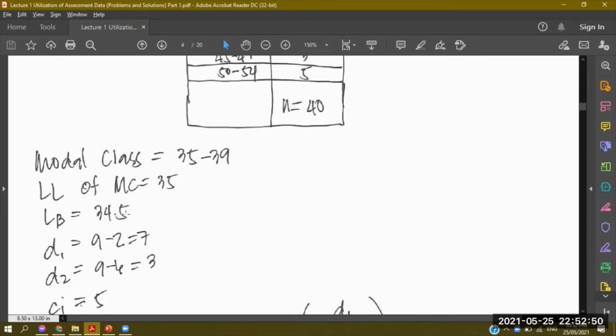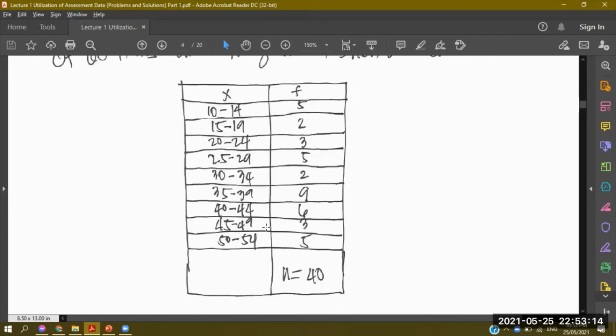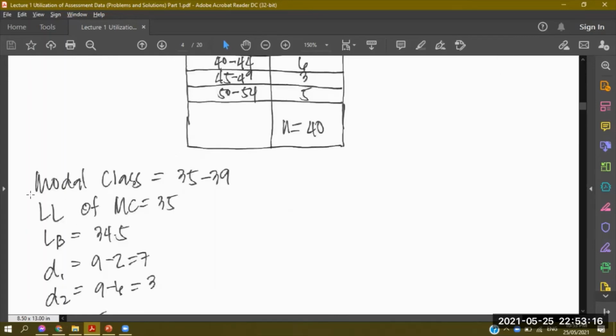Okay. Now we can identify our LL. We need to know the LL because, remember, from the lower limit we get the lower boundary. Sir, what is the lower limit again? All the values on this left side, we call them lower limits. On the right side of our category, that is what we call the upper limit. So why do we emphasize the lower limit?